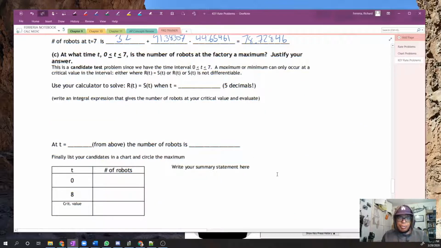This brings us to the real interesting problem of today, which is, when is the number of robots in the factory a maximum? Is that maximum actually 78? I don't know. But how do we figure that out?